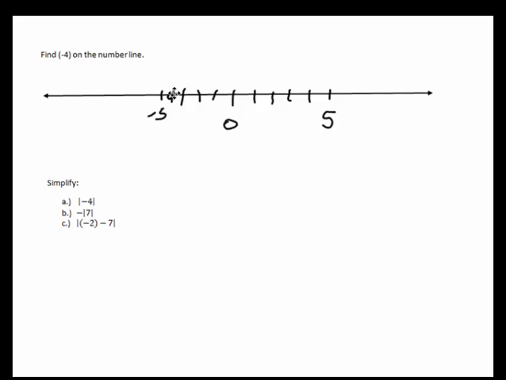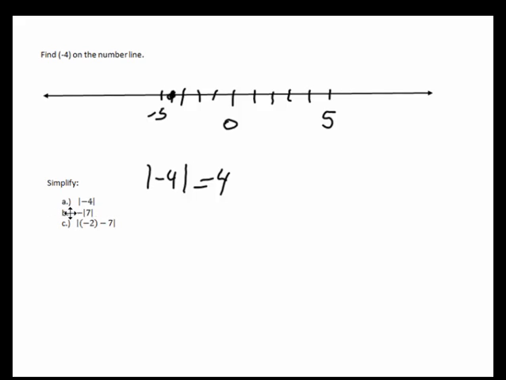So, right here, I'll just put a dot. To find negative 4 on the number line, put a dot where negative 4 would be. And now we want to simplify these three absolute values. The absolute value of negative 4 is the distance away from 0 on the number line. Here's negative 4 and here's 0, so it's 1, 2, 3, 4. So the absolute value of negative 4 is 4.